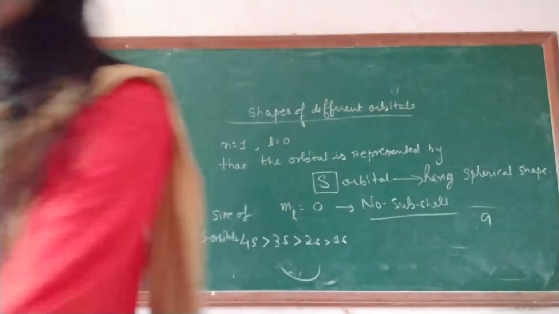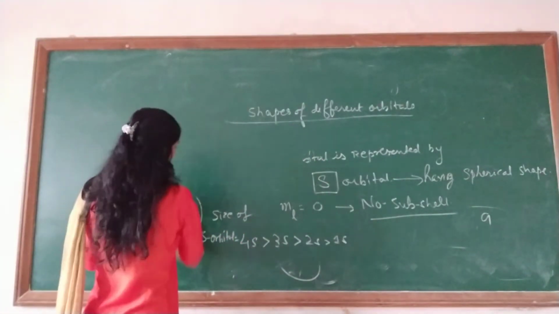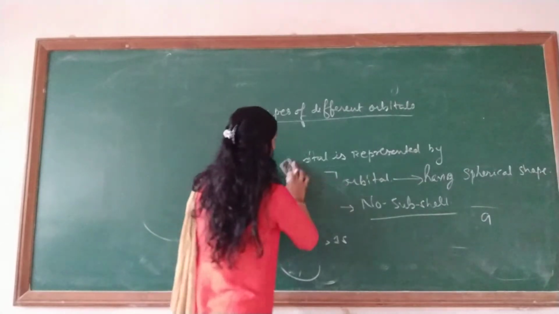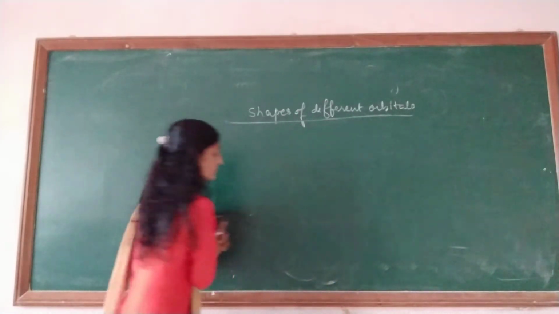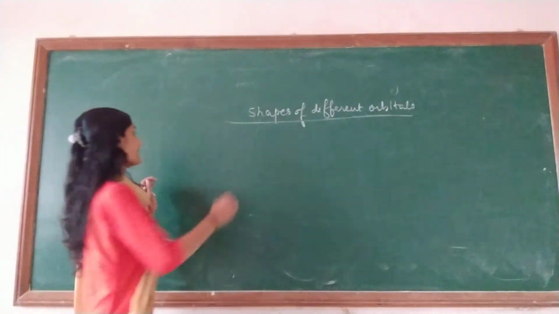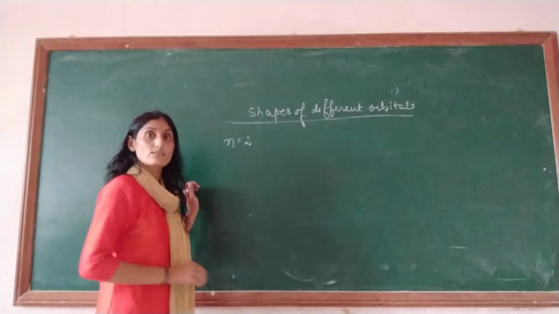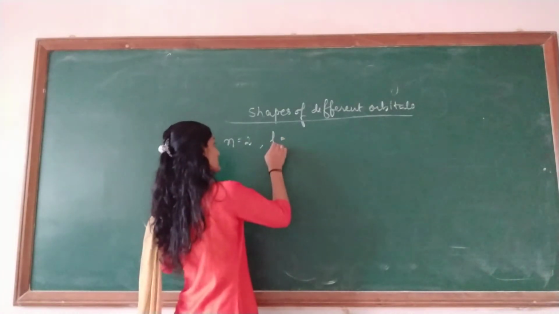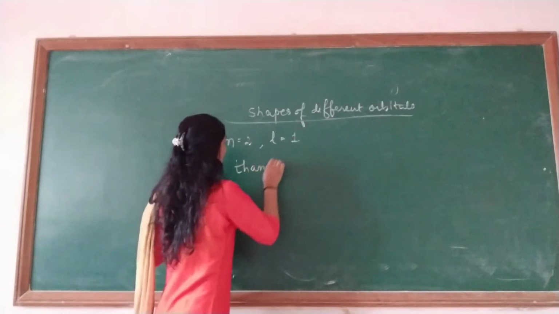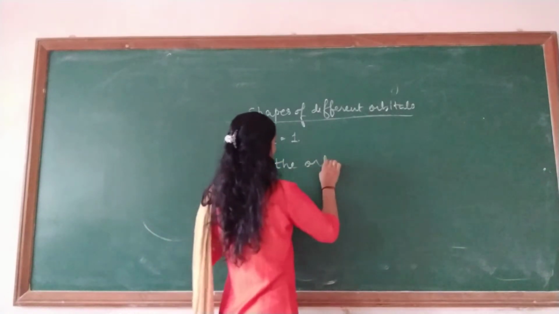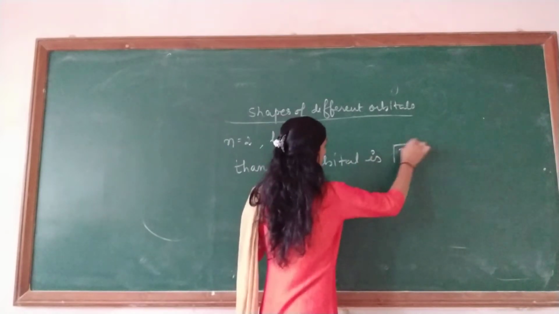Now we move to the p orbital, children. What can we write for the p orbital? What is the value for n, children? n is equal to 2, l is equal to 1. When the principal quantum number n is equal to 2 and the azimuthal quantum number l is equal to 1, then the orbital is represented by small p.